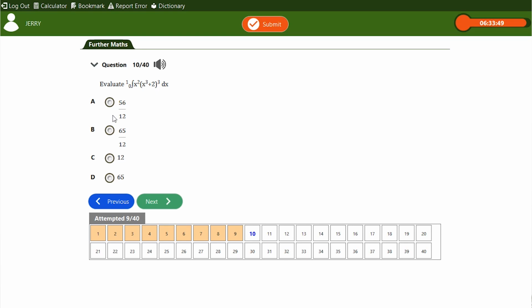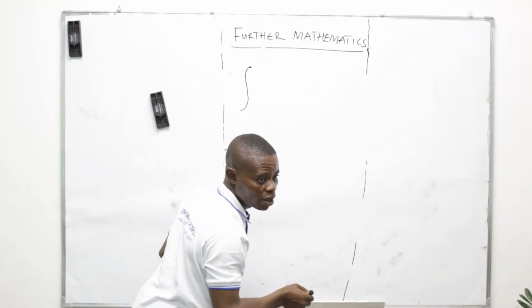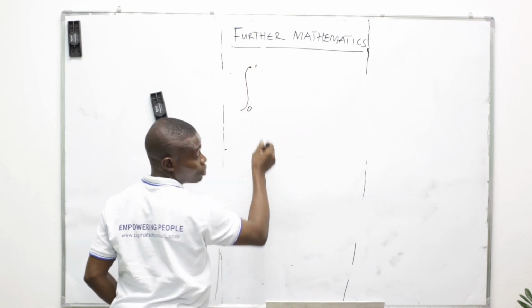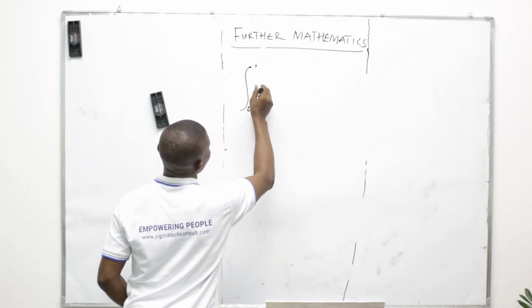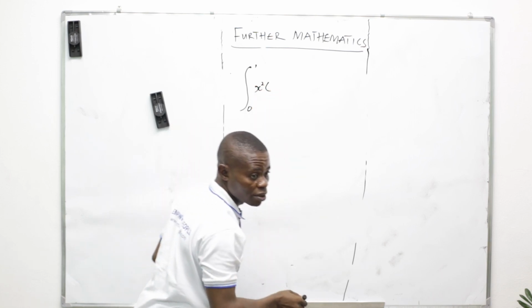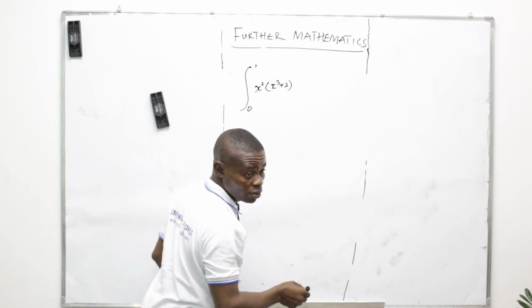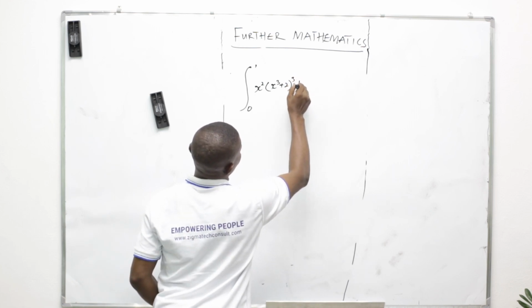Go to question number 10. Integrate the integral from 0 to 1 of s squared into (s cubed plus 2) raised to power 3 ds.